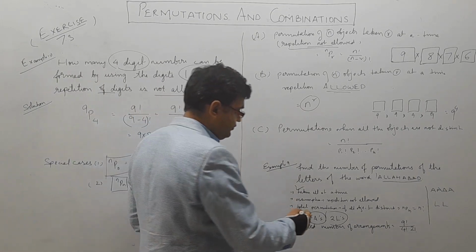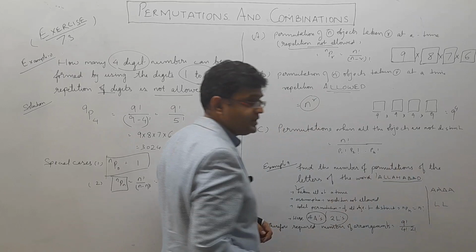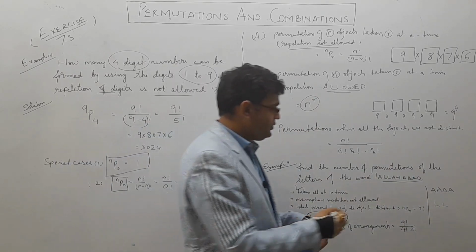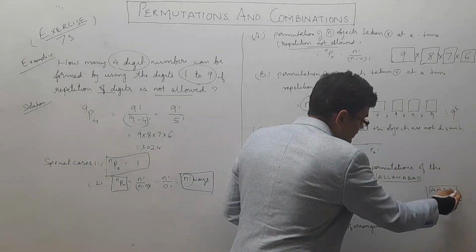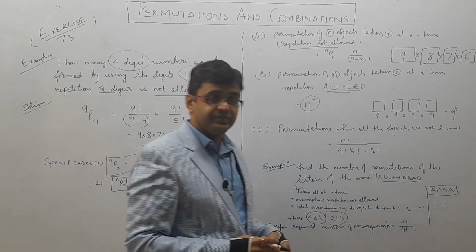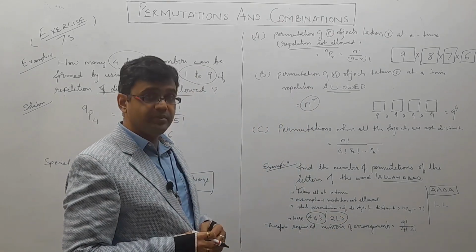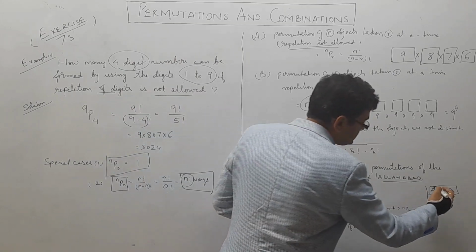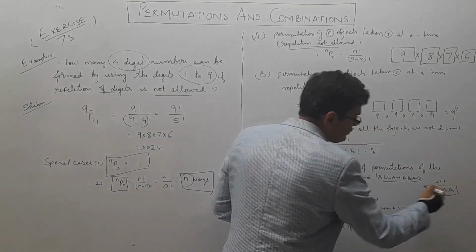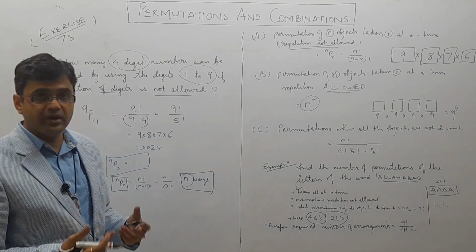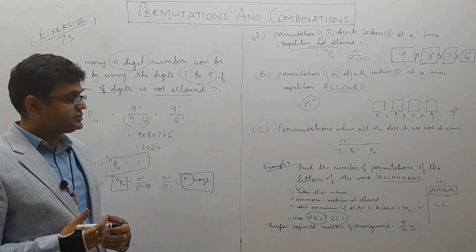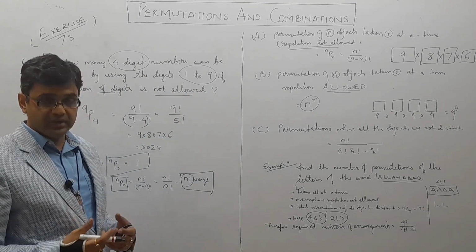So here there are 4 A's and 2 L's. Now if these 4 A's were not same, if they were different, then how many permutations would be possible in these cases? 4 factorial. There are 4 objects taken all at a time. So number of permutations possible would be 4 factorial.